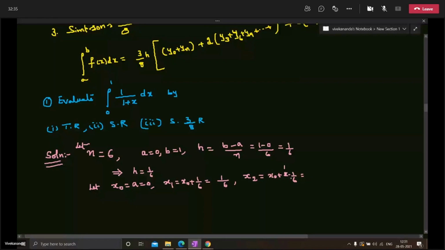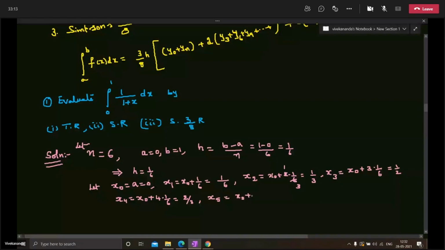Next, x3 equals x naught plus 3 into 1 by 6, which equals 1 by 2. x4 equals x naught plus 4 into 1 by 6, that is 2 by 3. x5 equals x naught plus 5 into 1 by 6, that is 5 by 6.